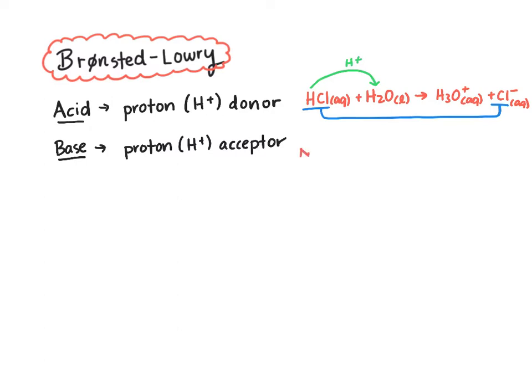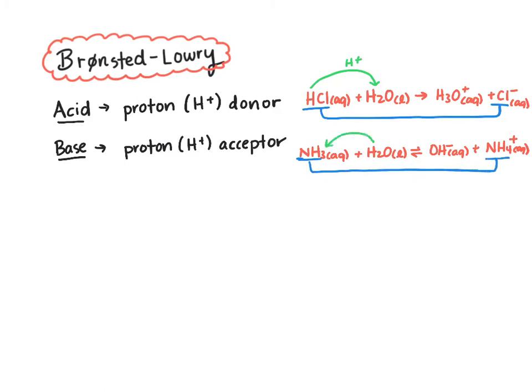With ammonia, NH3 aqueous plus water, we form hydroxide, same as before, and ammonium, NH4+. In this scenario, ammonia has gained a proton, and that proton has come from the water. So it's a proton acceptor.